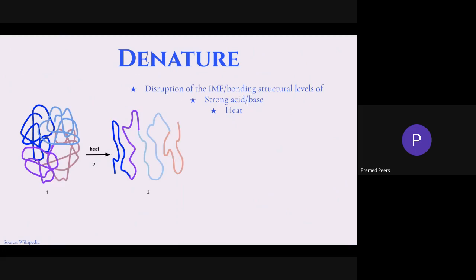So in terms of the disruption of different kinds of interaction, you think about what kind of interaction is going on, right? Basically, it is a lot of non-covalent bonding, except the disulfide bond, because it is a covalent bond. But how do you disrupt the disulfide bond?